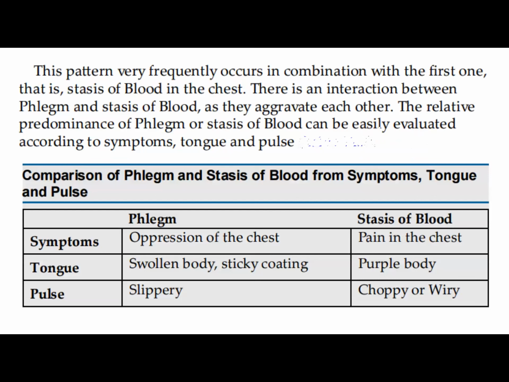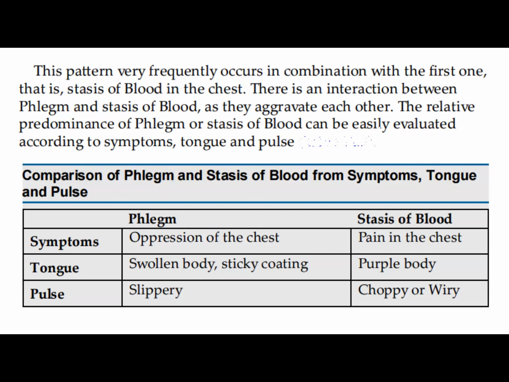This pattern very frequently occurs in combination with the pattern that we discussed last time, which is blood stasis in the chest. There is interaction between phlegm and stasis of blood. They aggravate each other. The relative predominance of phlegm or blood stasis can be evaluated according to symptoms, tongue, and pulse.